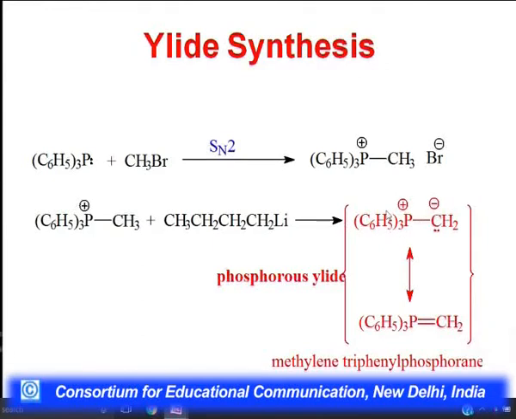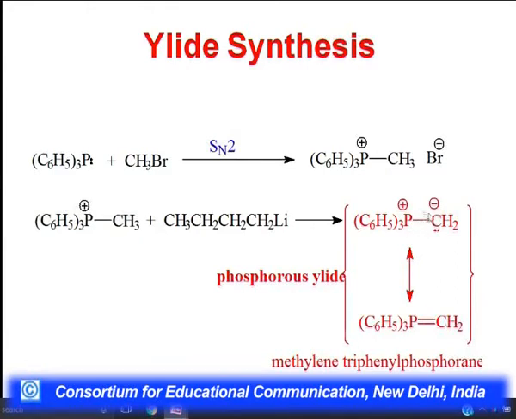Now when we look into the structure of the ylide, what we find is that in the ylide, two atoms, that is phosphorus and carbon, which are directly bonded by a covalent bond, have opposite charges on them. That is, phosphorus has a positive charge and carbon has a negative charge, and the octet of each is complete.